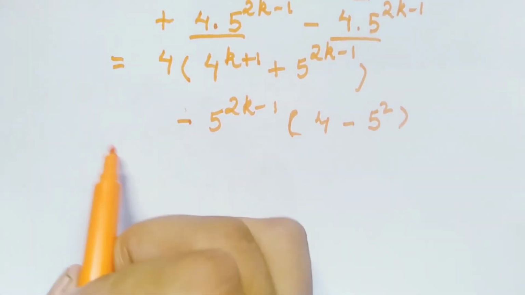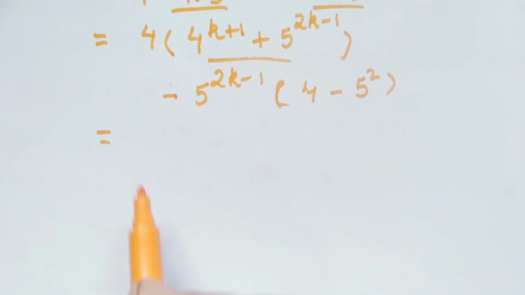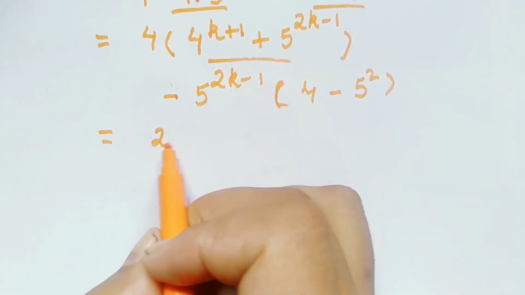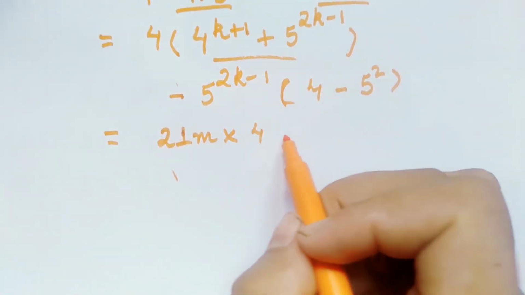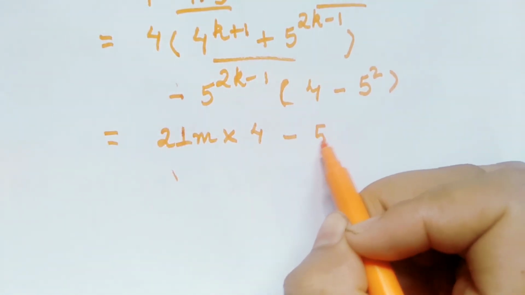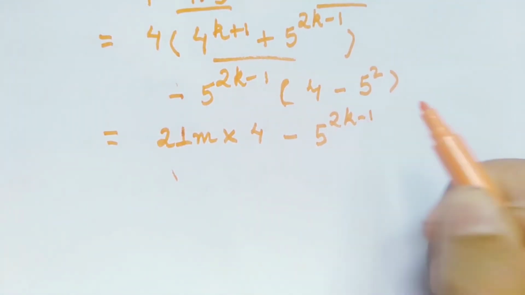And from here what do we have? 21m. Now we have 21m into 4, minus 5 to the power 2k minus 1.